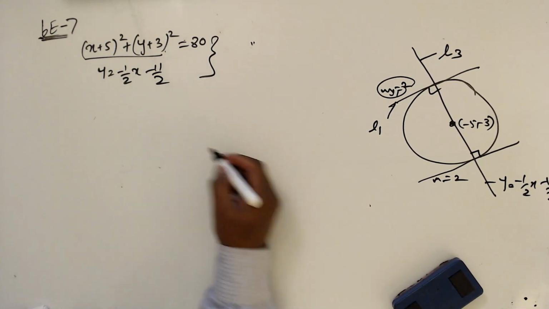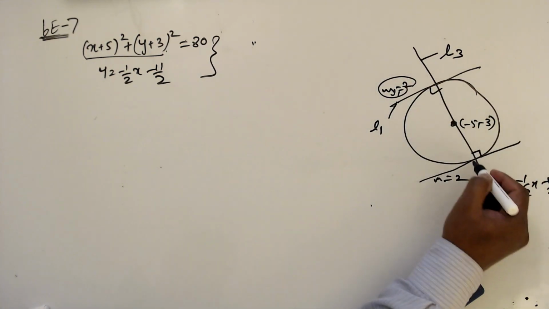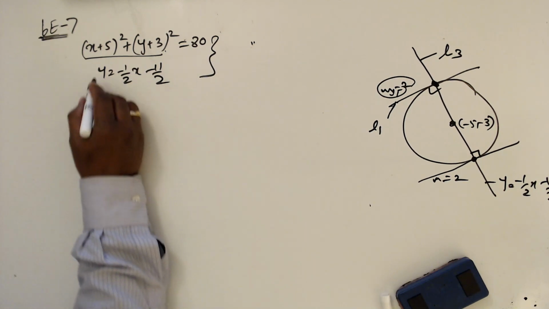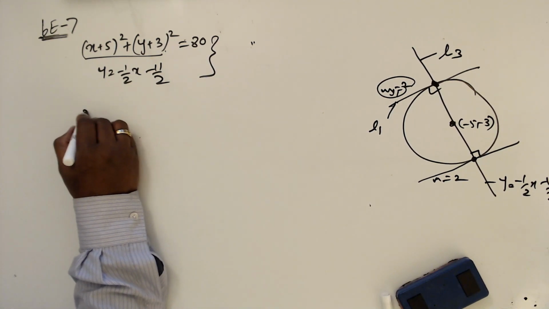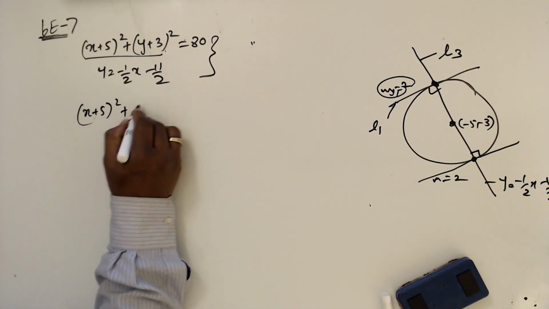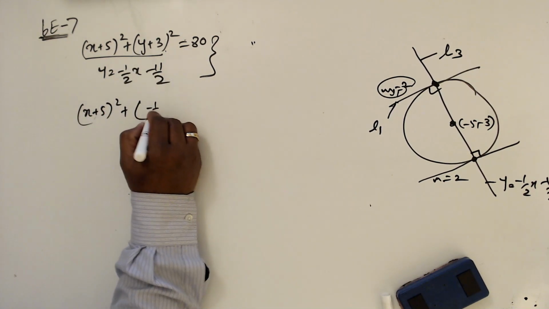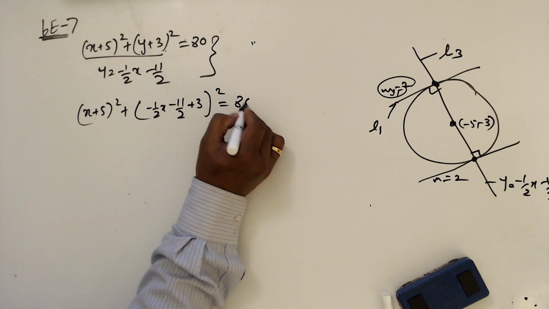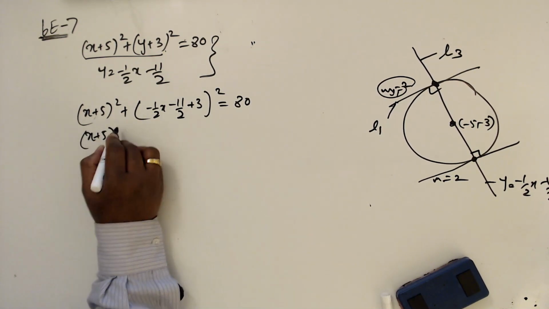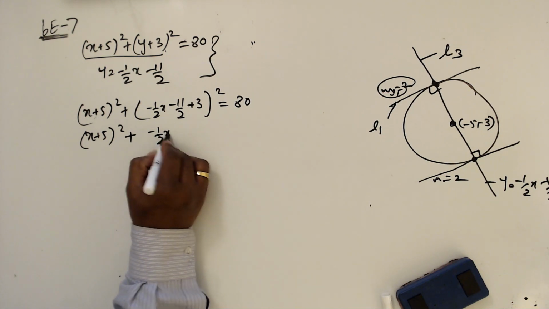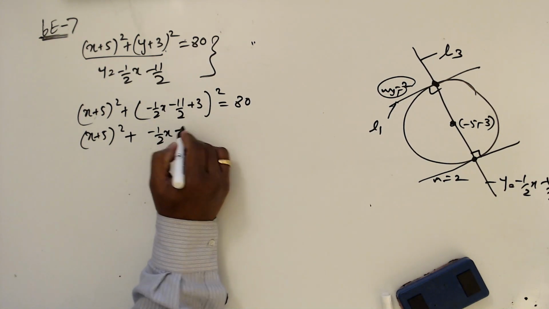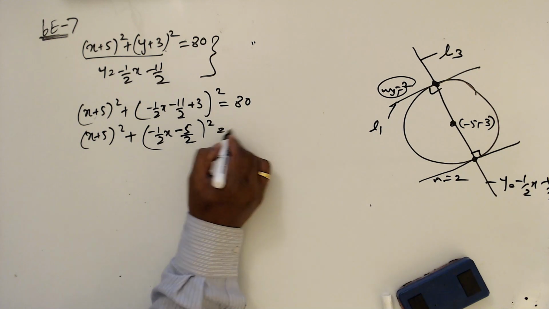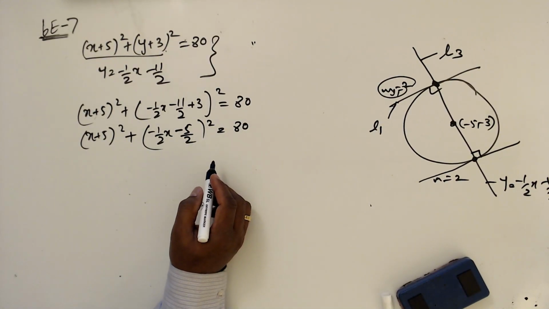I am going to solve those two equations, this circle equation and this line. Then I can get the coordinates of this point. Now we'll work. (x plus 5) squared plus (y plus 3) squared equal 80, with y equal minus half x minus 11 over 2, so (x plus 5) squared plus (minus half x minus 5 over 2) squared equal 80.